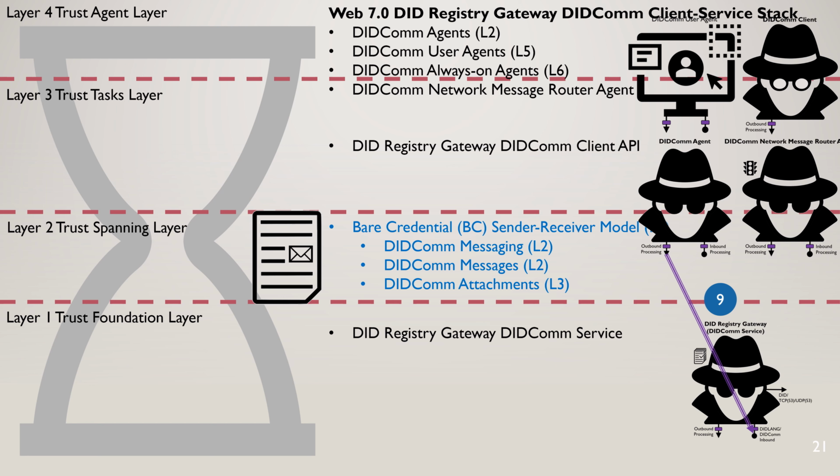So when a DIDComm agent, whether it's a user agent, a DID client, or one of the network message routing agents, needs to resolve a DID, it will send that as a DIDComm message to the DID registry gateway, and the gateway in turn will query the DID registry.